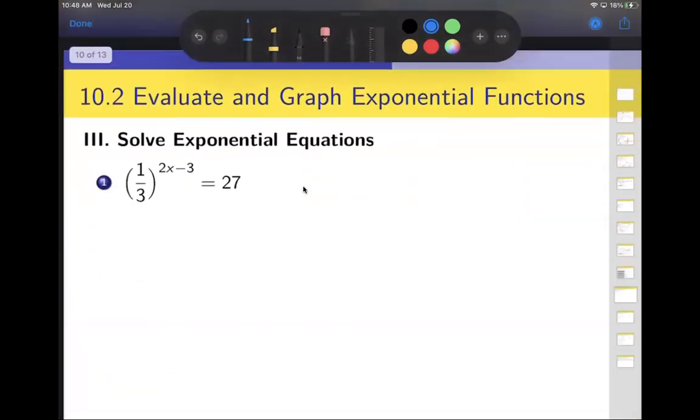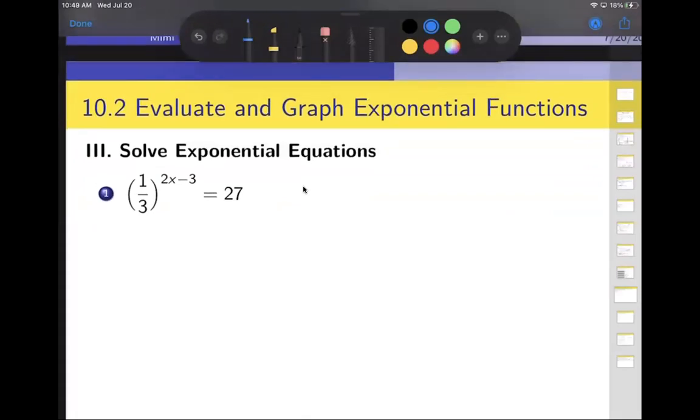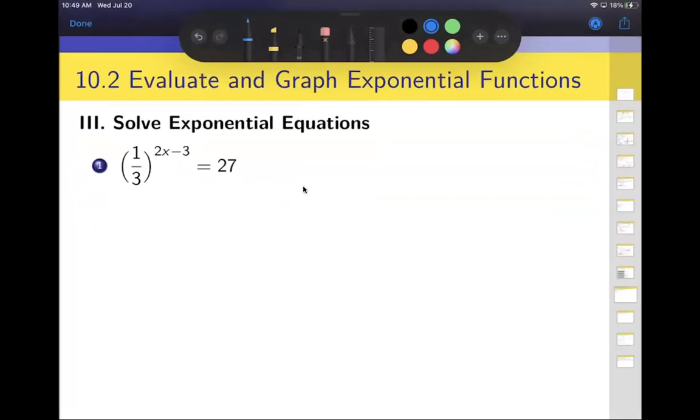Okay, so you can pause my video if you want, and then try to do the rest. But let me show you how to do these. The first step is to write both sides with the same base. I have 1/3 to the x minus 1/3 to the 2x minus 3.